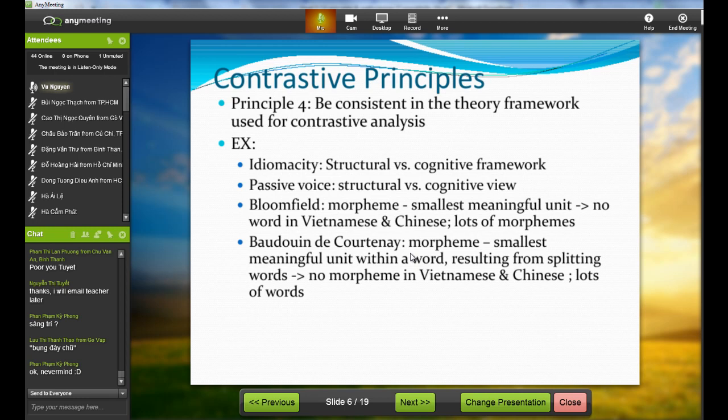But from the cognitive viewpoint, idioms are actually predictable. If we understand the cognitive mechanisms that form the idioms, then we are able to infer the meaning.